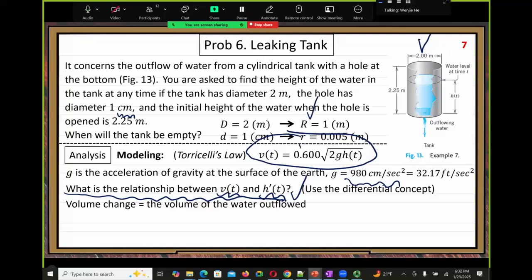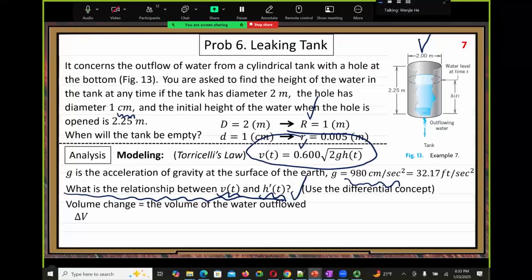Big radius, little hole, small radius. So we are ready to calculate the volume of the cylindrical body of water inside the tank.